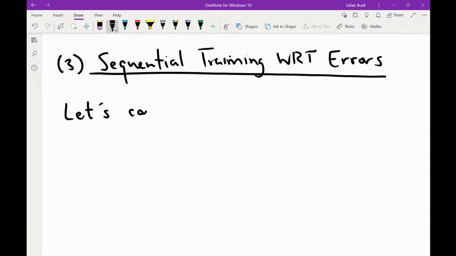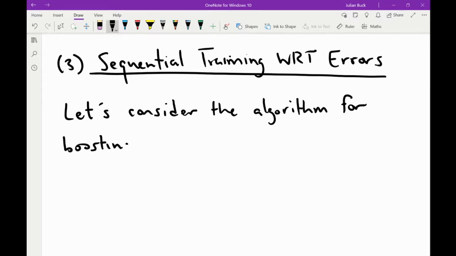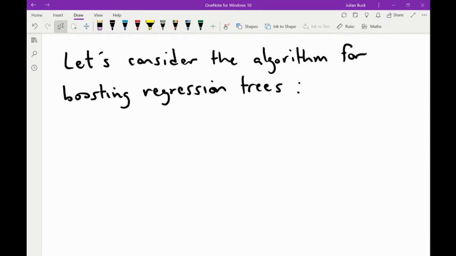So let's consider the algorithm. How does the actual process work on the surface? Obviously, the actual coding is a lot more complicated than this, but here is the algorithm for boosting regression trees. Number one, fit a decision tree to the data.